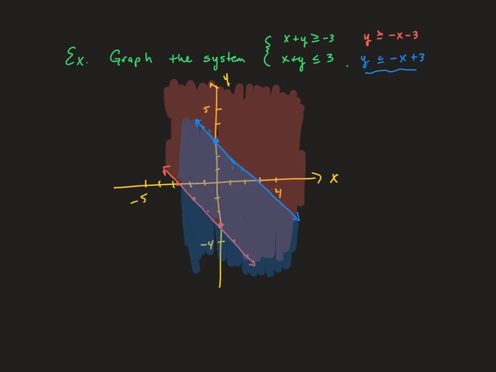When I go to graph that, my solution set is going to be everything that falls between those two lines, including what's on the lines because they're solid lines. So that would be solving the solution of a system.